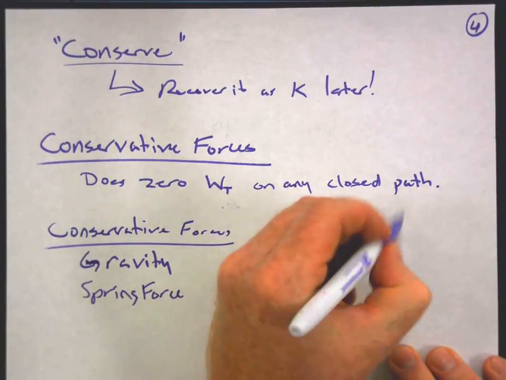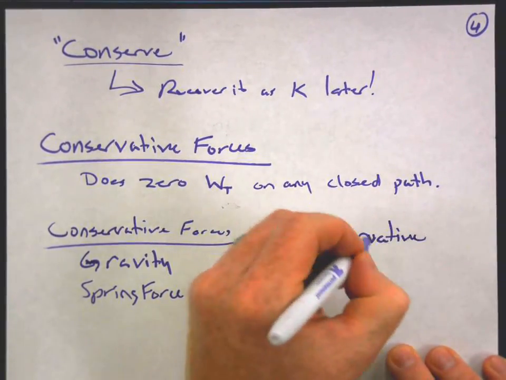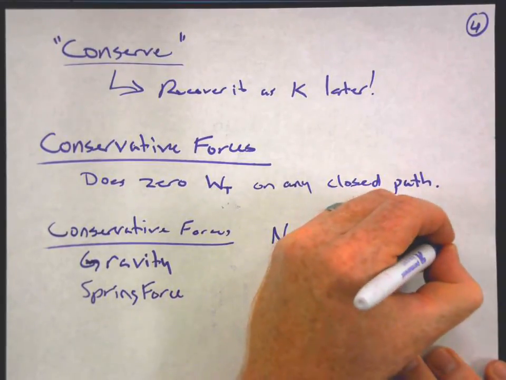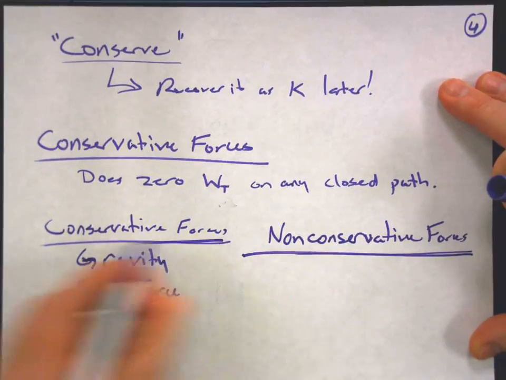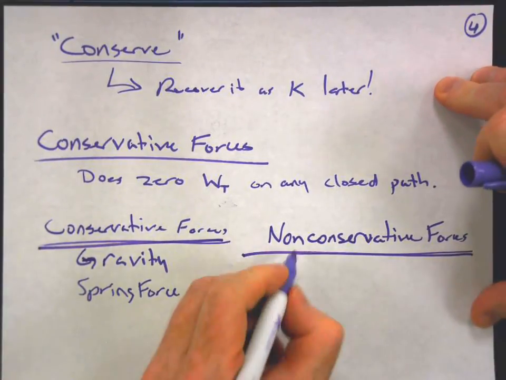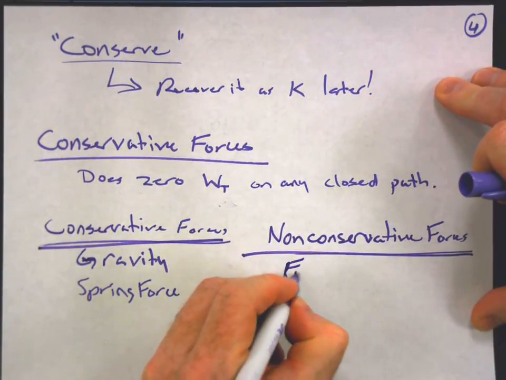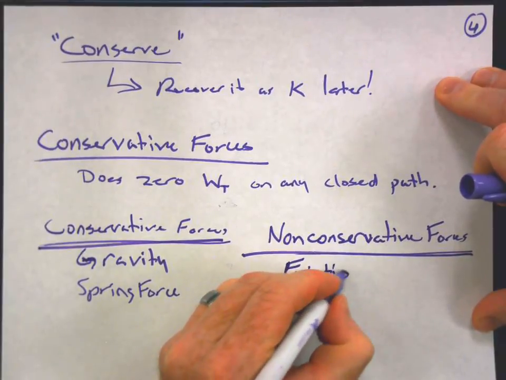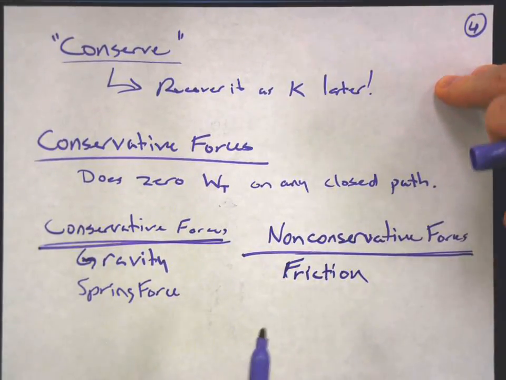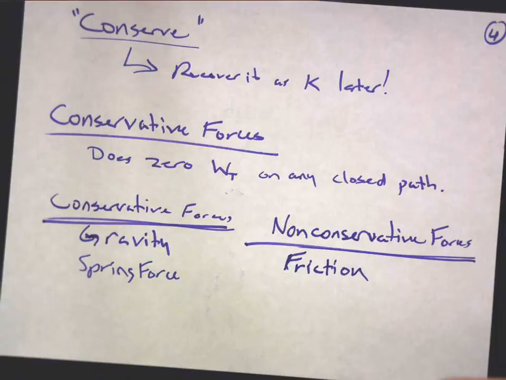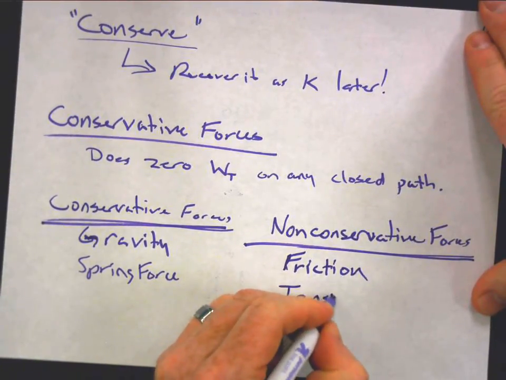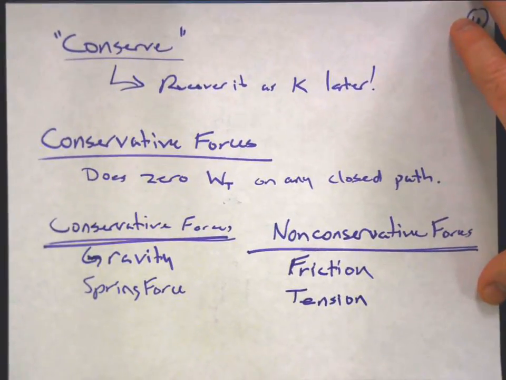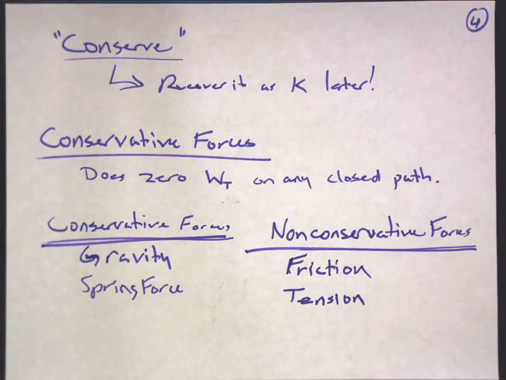To wrap this up, non-conservative forces. Well, you already know one. It's a real important one. Do not ignore it, but know what to do about it. Friction, non-conservative. There's another interesting one. Tension, like in a string or rope, is not a conservative force. And there's others, but we don't have to really worry about them right now.